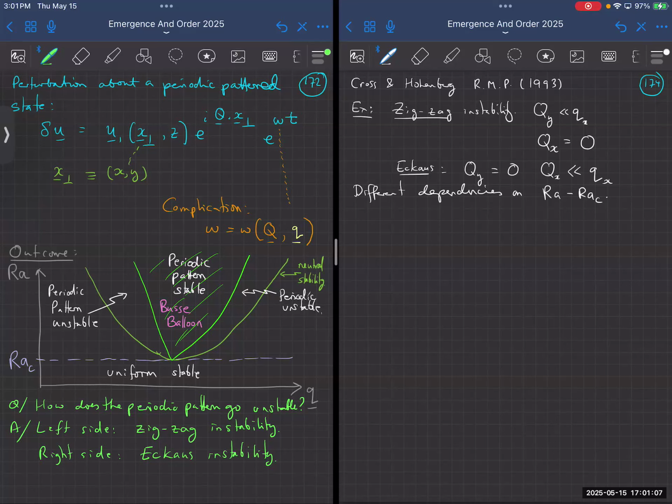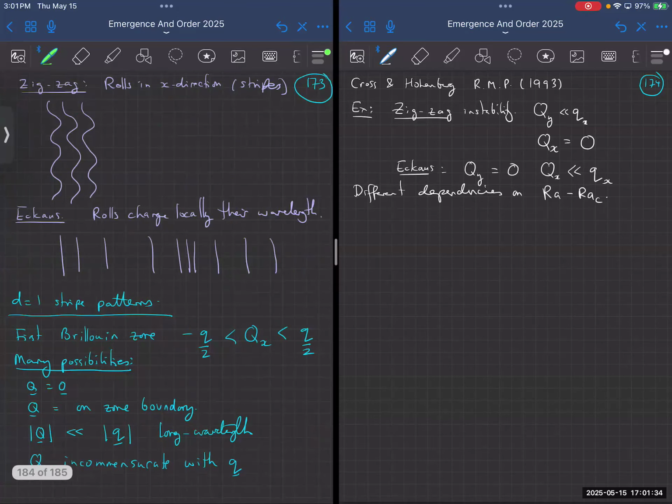For the different capital Q, it only slightly changes the shape of the curve. The pattern that you get is the one I've shown you on the left, and you can then work out which pattern you're likely going to see from the dispersion relation, at least within linear stability. Yes, Rita.